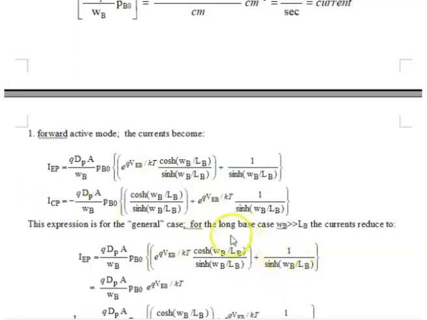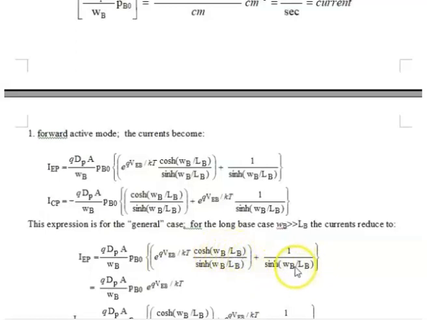And of course, this is the general case. So first we consider the long base case, where the width of the base, the neutral base region, is much greater than the diffusion length in the base. And therefore, we have to look at what happens when this term is very large.